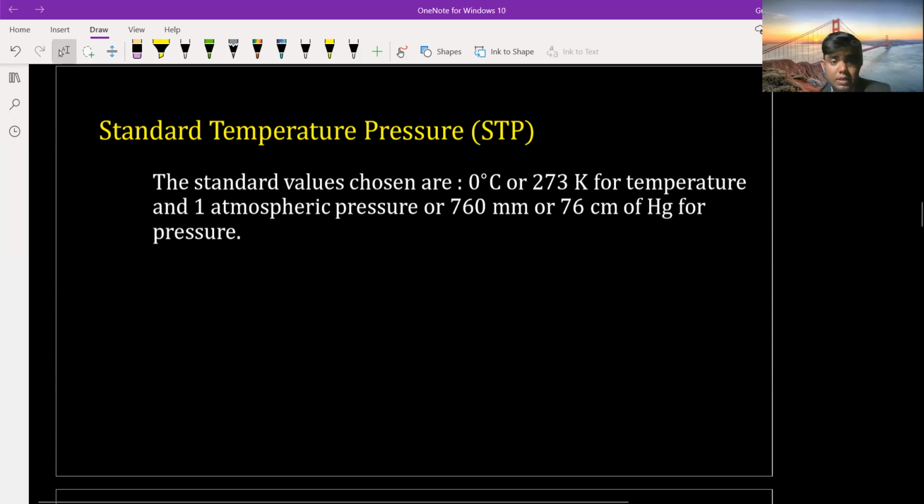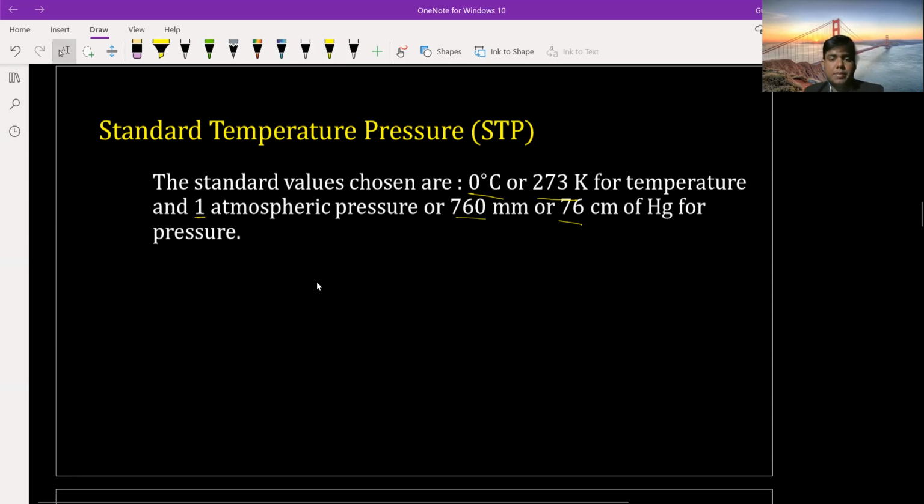So the standard values chosen are: temperature 0 degrees Celsius or 273 Kelvin, and pressure 1 atm or 1 atmospheric pressure, or we can say 760 mm of Hg or 76 cm of Hg.